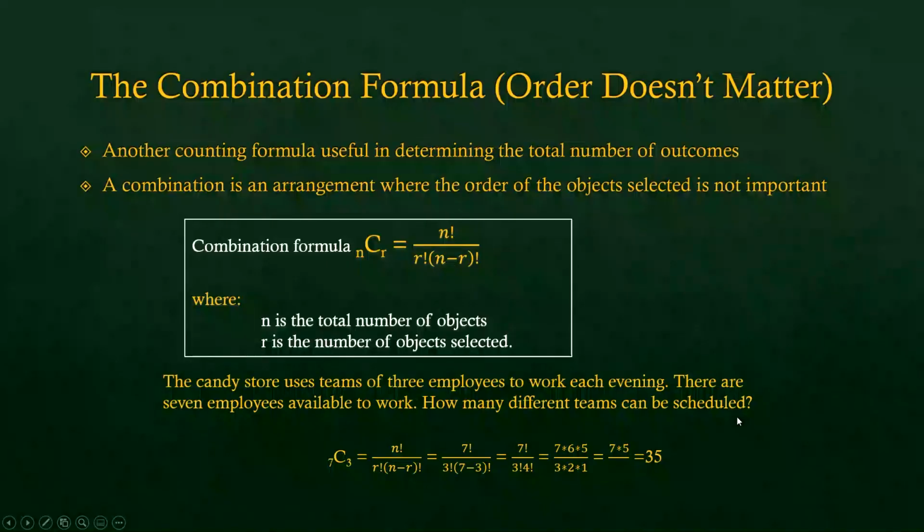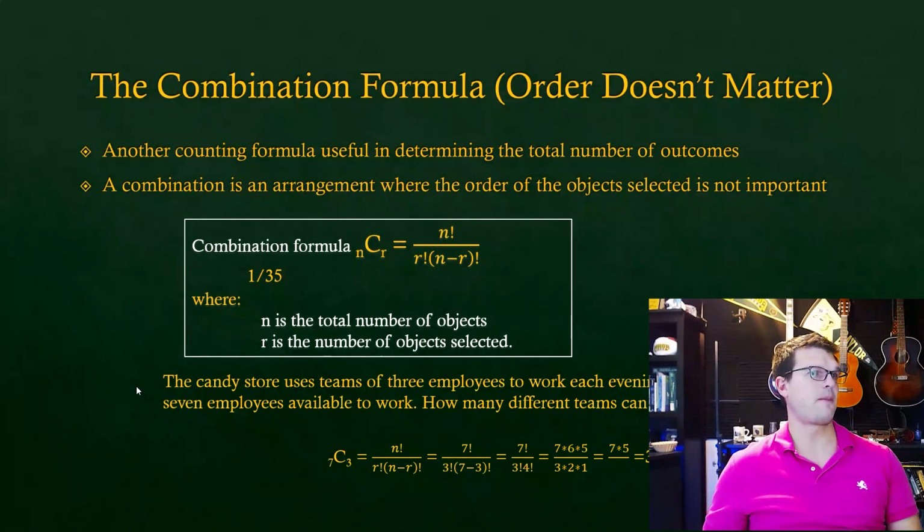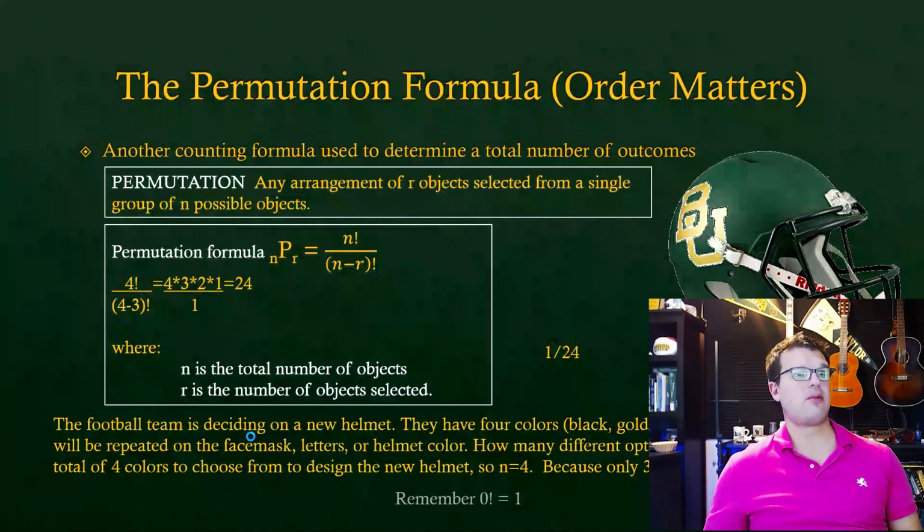It's going to be 1 divided by the total number of possible outcomes. That one group divided by every group that's possible. Or coming right here, what's the probability that we are going to have this one very specific helmet? It's going to be 1 divided by the total number of possible outcomes, or 24.